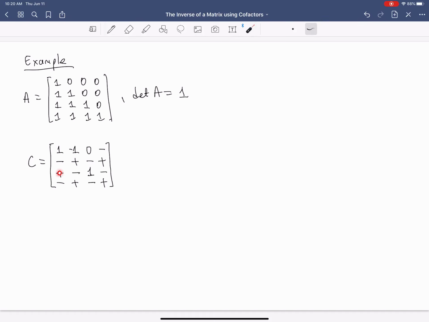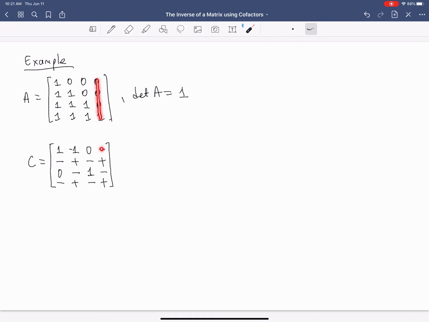So let's find this position now. Well, I go to that position in A, I remove the corresponding column, the corresponding row, and what do I have? I have that these two columns are the same. So I know that the determinant there is 0. I better write a 0. All right, now I'm going to go back to doing these things in order.